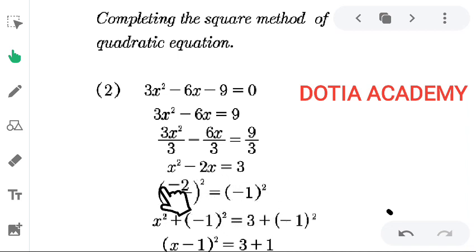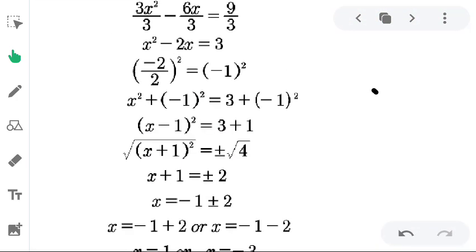So here you have s squared minus 2s plus minus 1 squared is equal to 3 plus minus 1 squared. Since this is a square, you take them in one squaring bracket.